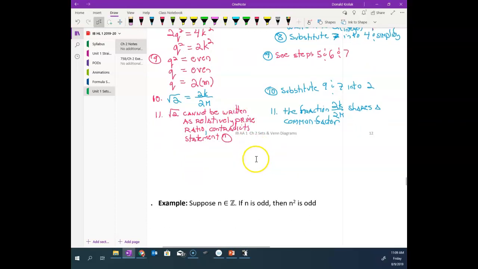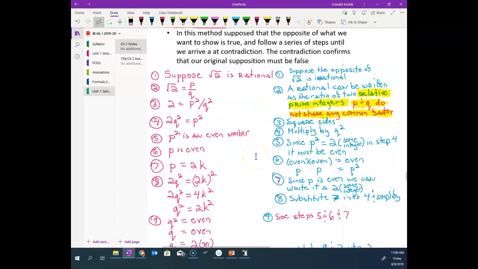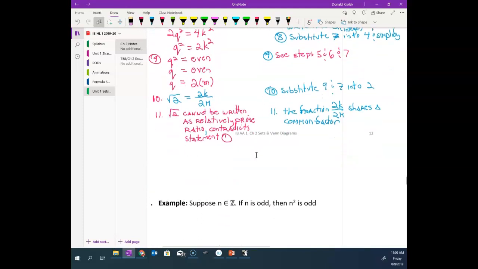Therefore, our assuming 1 is true means it can't be true because it leads to something that's nonsense. Okay, so those 3 dots stand for QED, which is an acronym in Latin.